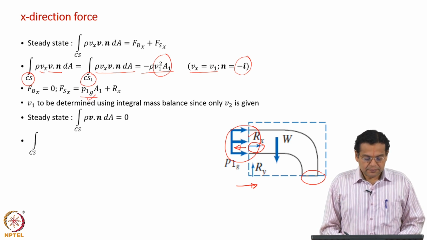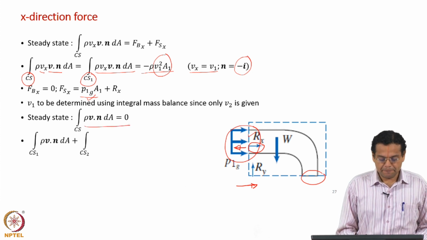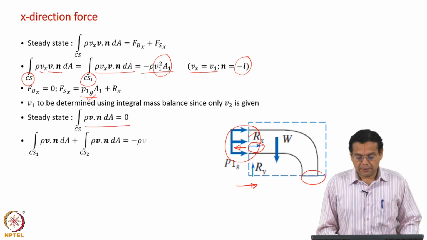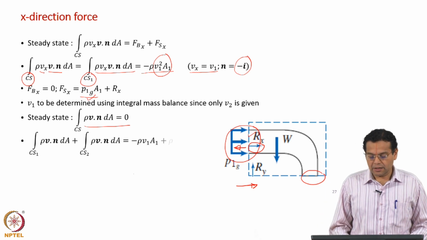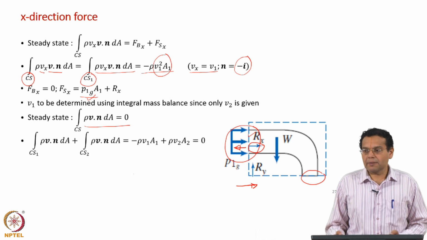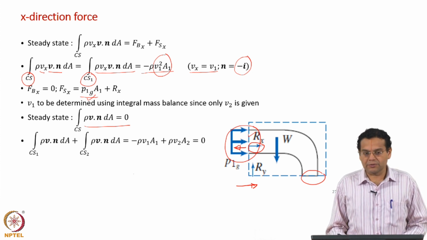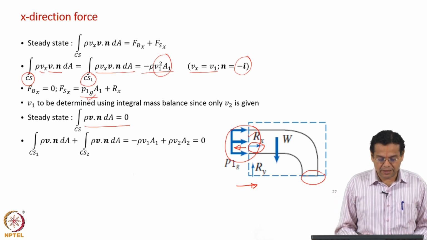Now, the steady state integral mass balance is rho v dot dA. Remember, for mass balance I will have to take into account the part of the control surface wherever mass crosses it. Only for the momentum balance we take only that part of the control surface along which we are writing the momentum balance.